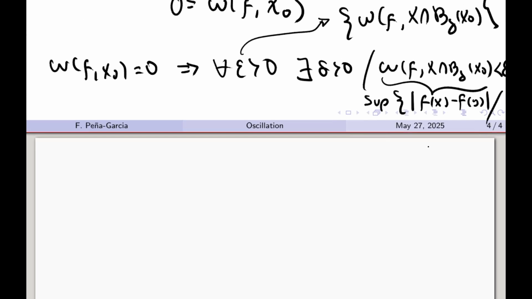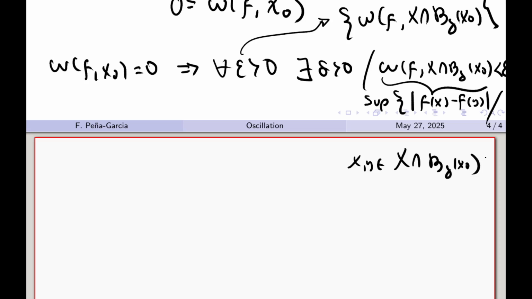Yeah, this is the supremum such that x and y are in this domain intersected by this here.